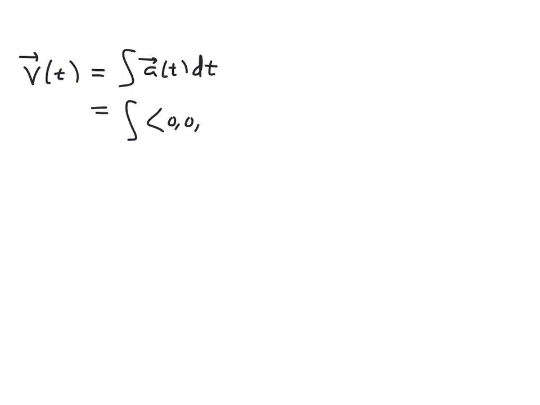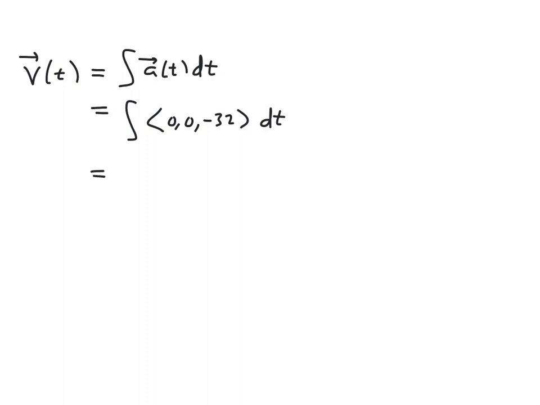So our starting point is to observe that the velocity vector v of t is going to be the indefinite integral of a of t. And so this is the indefinite integral of the vector 0, 0, negative 32, which is a constant vector.